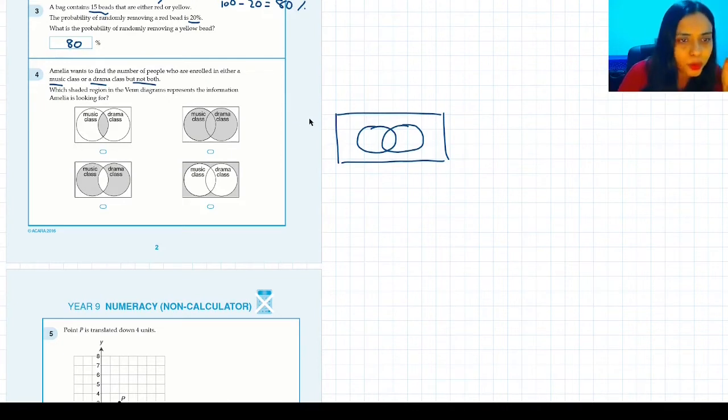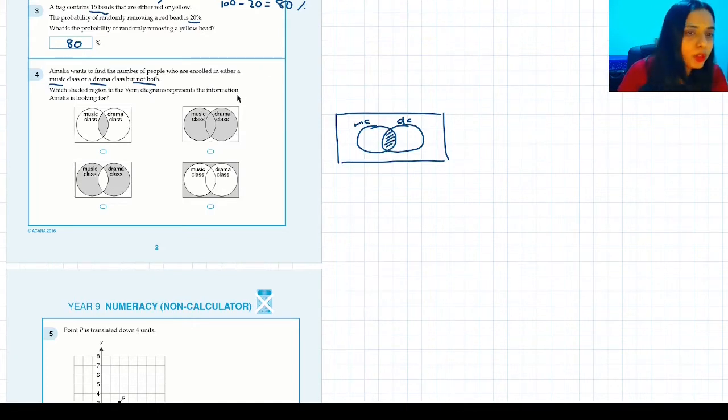So the first option we have is they either like music class or they like drama class. And everyone inside this circle likes music class. Everyone inside this circle likes drama class. But everyone inside this part which overlaps between the two likes both.